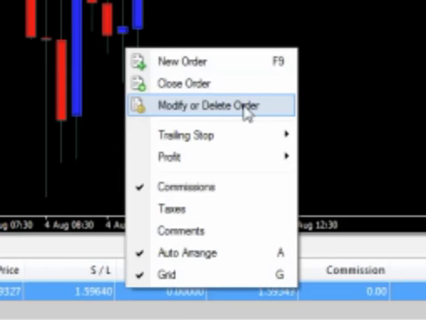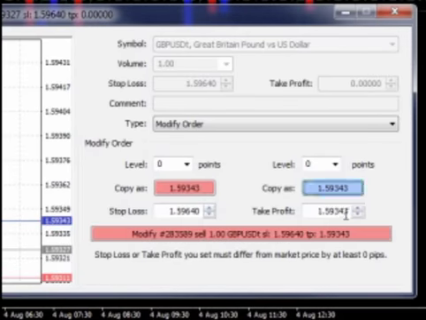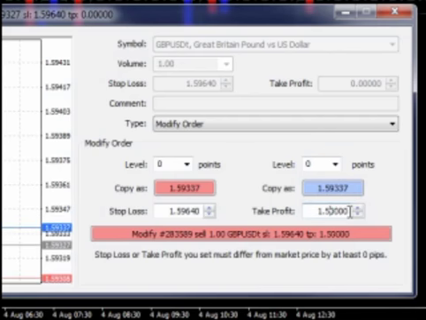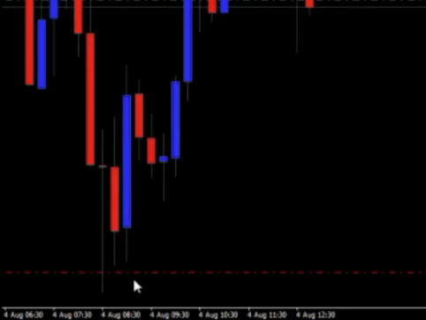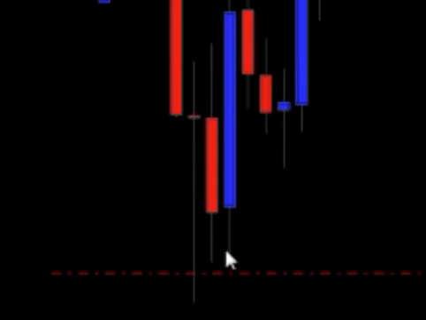Actually, we'll just put it near the swing low, so we'll put it at 58.94. And that should bring us, yes, right to this swing low here.